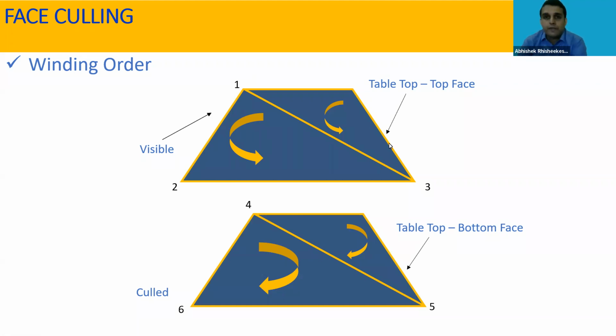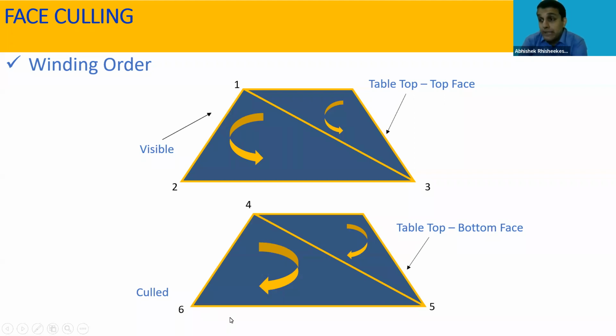Similarly, the vertices of one of the triangles on the bottom side of the tabletop are numbered from 4 to 6 in the counterclockwise direction if you are viewing it from the bottom side.